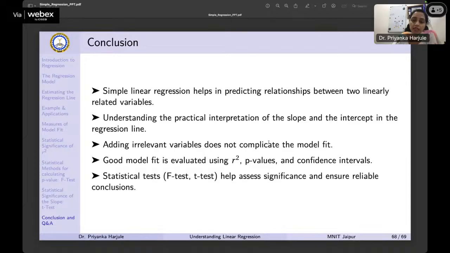And once we get the r square values, how the p values are used to see the statistical significance of these r square values, and how you can use f test and t test to help say more about the model in terms of reliability conclusions and the statistical significance conclusion.